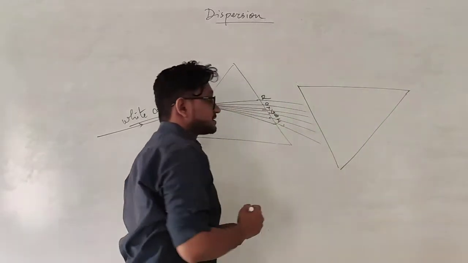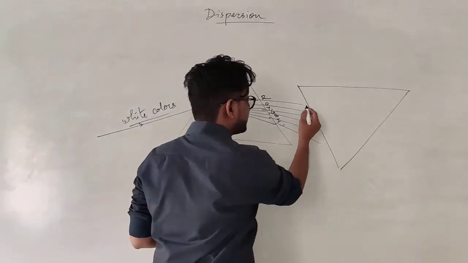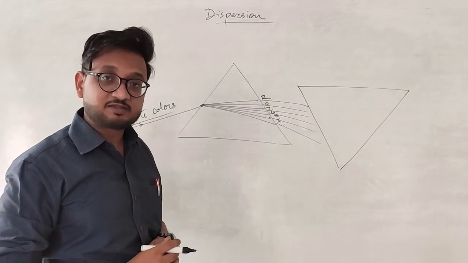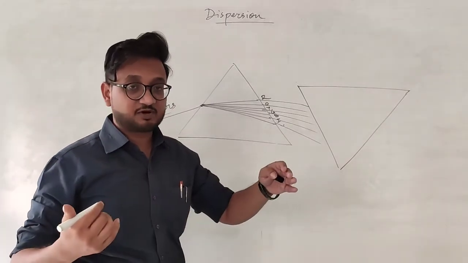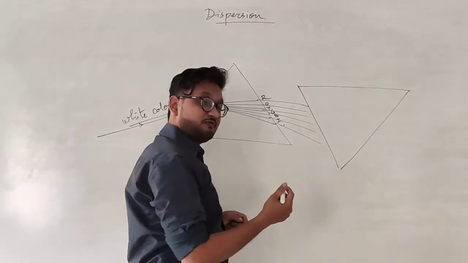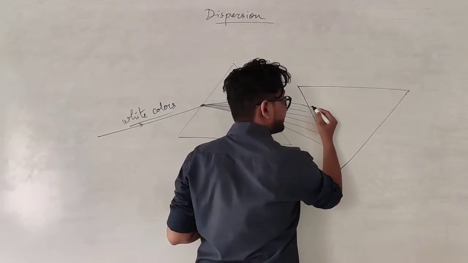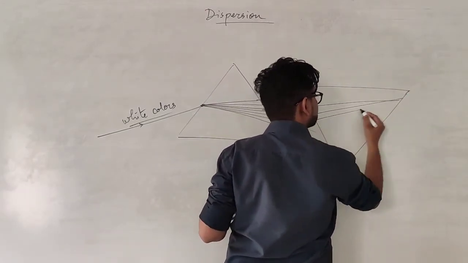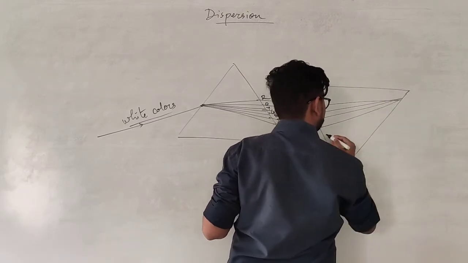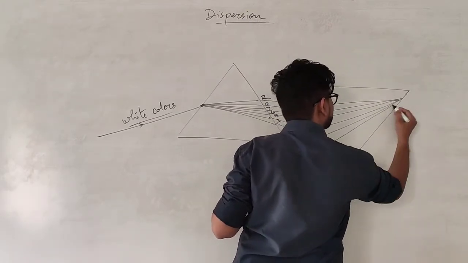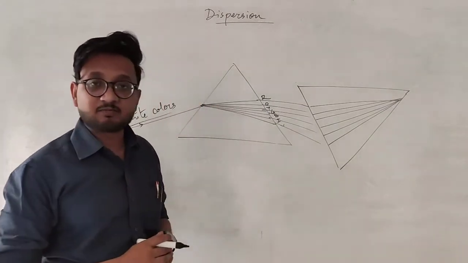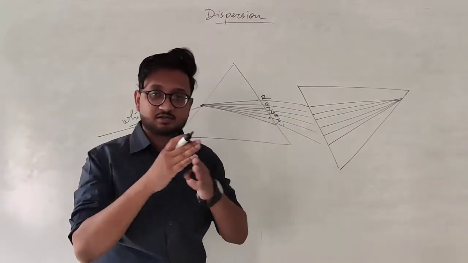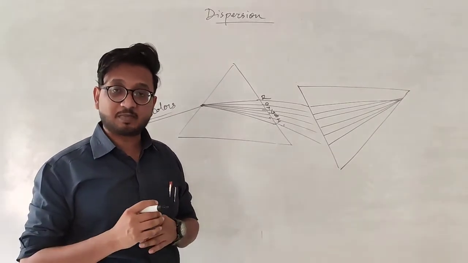He placed the prism like this, and what happened was, because the red color has the maximum wavelength, the largest wavelength, and minimum frequency, it had the least refraction, and in the same way the others had gradually greater refraction, and they got combined together.